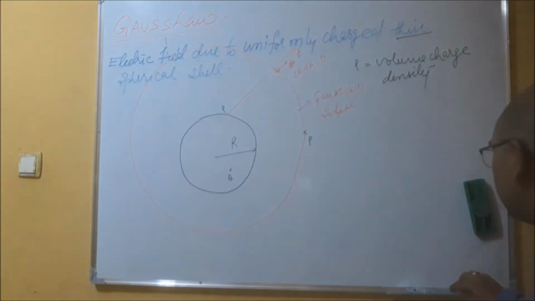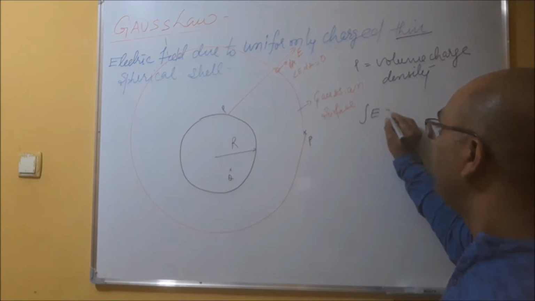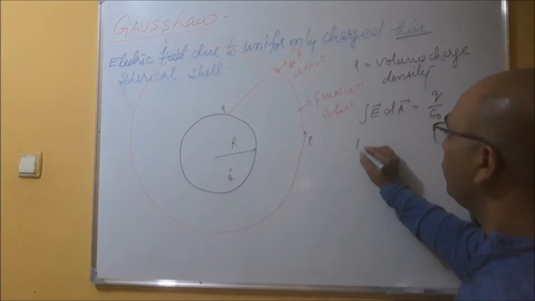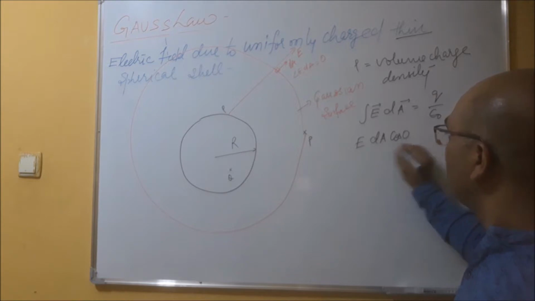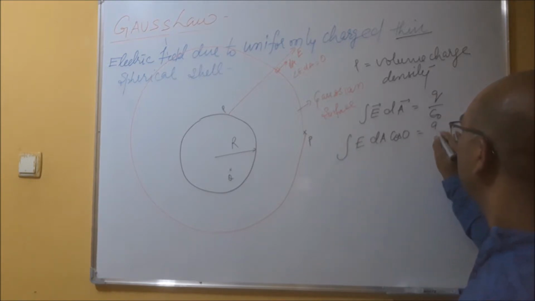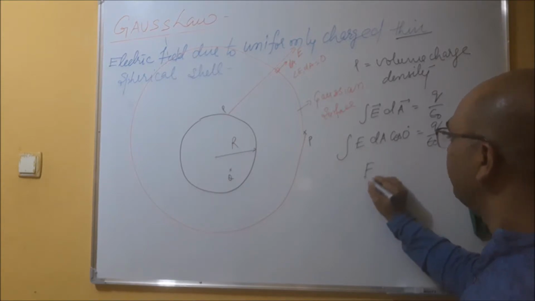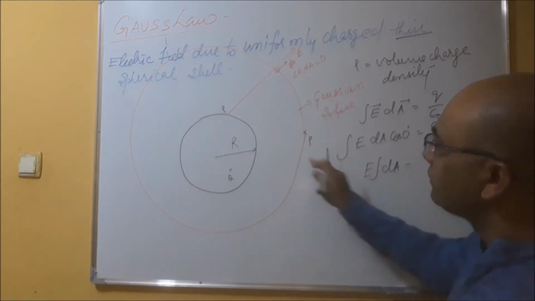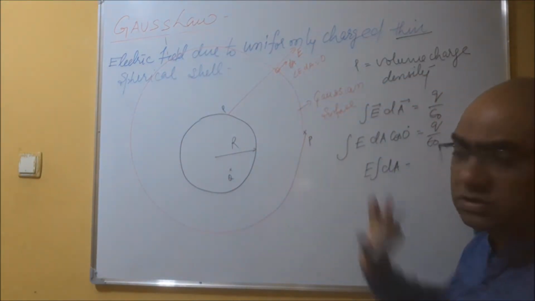So if the angle is 0, when we start writing the integral of E dA equals Q upon epsilon naught, so E dA cos 0, right? We can write simply E constant times dA, because at any point of this surface the value of E is constant.